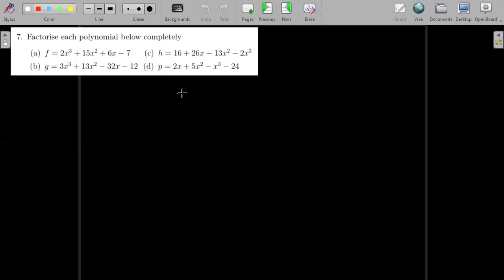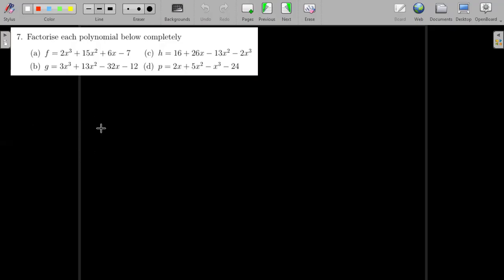We test whether that root is a factor, and if it is, we use it in synthetic division. Then we can factorize the other part, which will be a quadratic function.